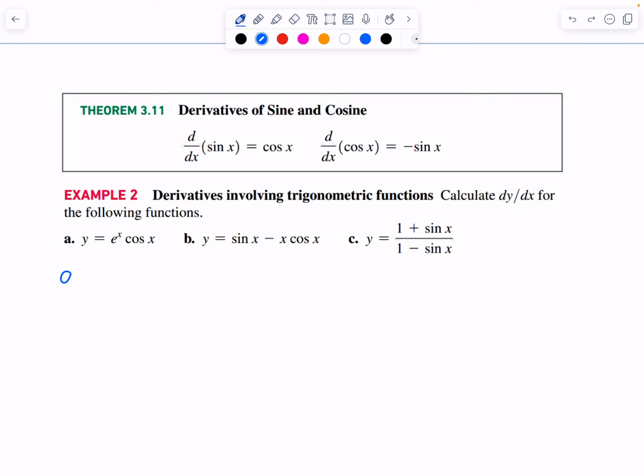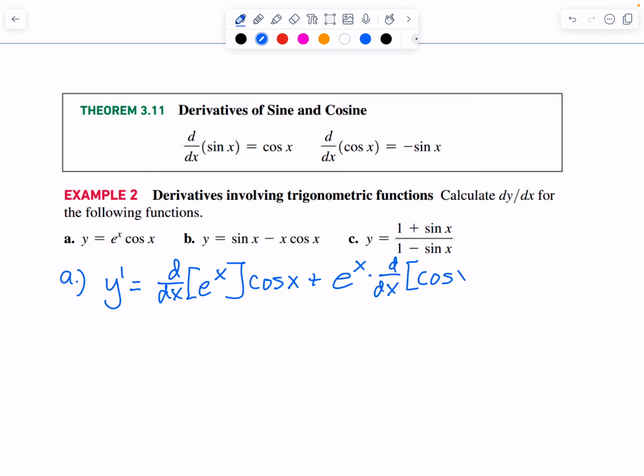All right, we're going to do some derivatives here. To find y prime, notice that I have two functions, so that requires the product rule. So I'm going to write out the definition first. Derivative of the first times the second plus the first times the derivative of the second. All right, so derivative of e to the x is just e to the x times cosine.